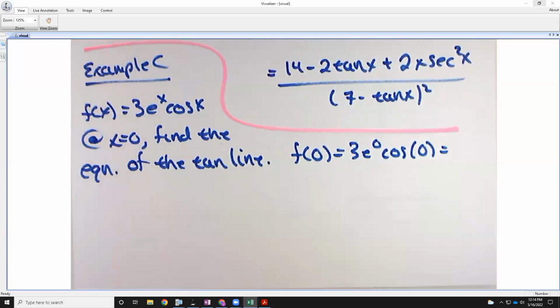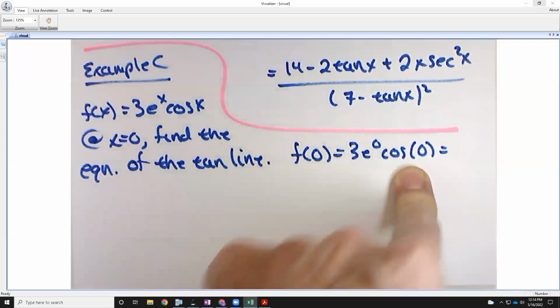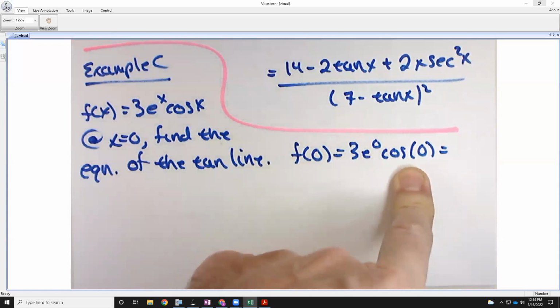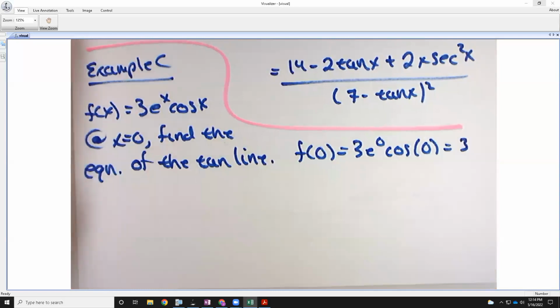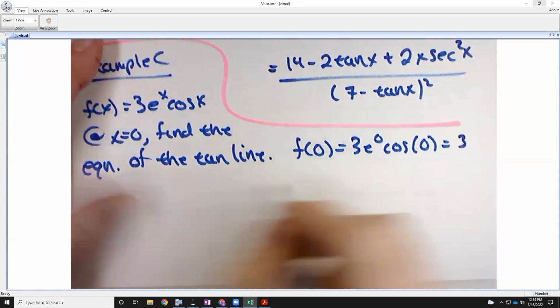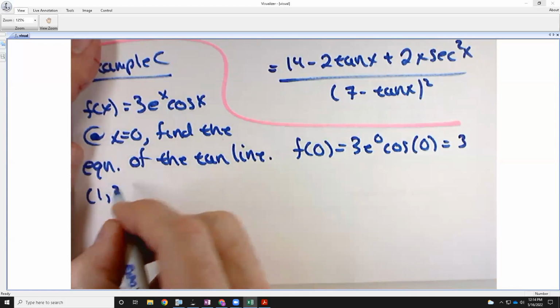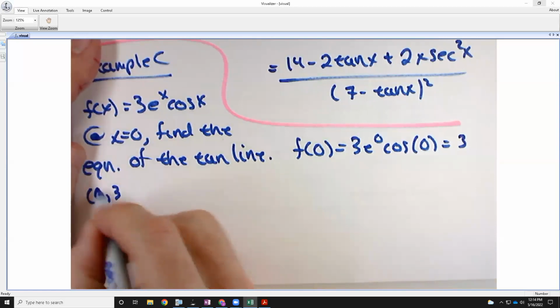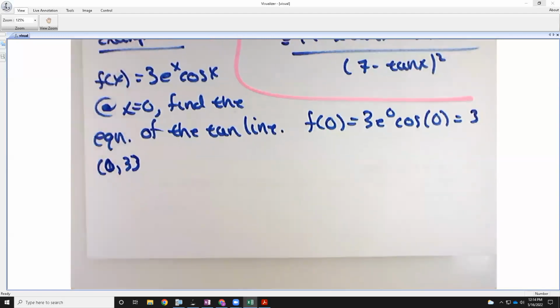Oh man, now I'm testing you, right? It's like, oh, trig feels like a million years ago. Yeah, it's 1. Remember, you're looking at the x coordinate of your point on the unit circle. The x coordinate at 0 is 1. So that's just going to be 3. So I've got the point 0, 3. And now I need to find the slope of the tangent line.